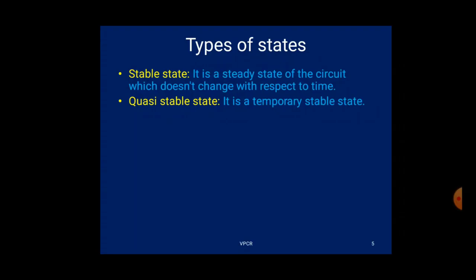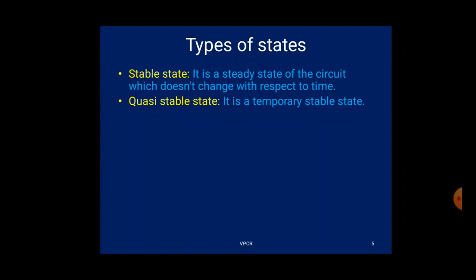If they maintain the same operation region as time progresses, the state of the circuit is not changing. Then you can call that particular state a stable state.